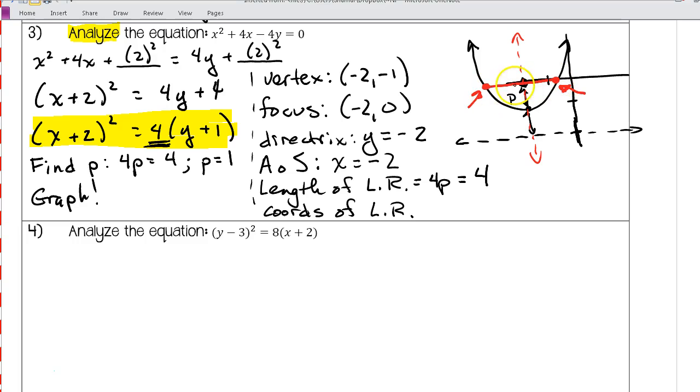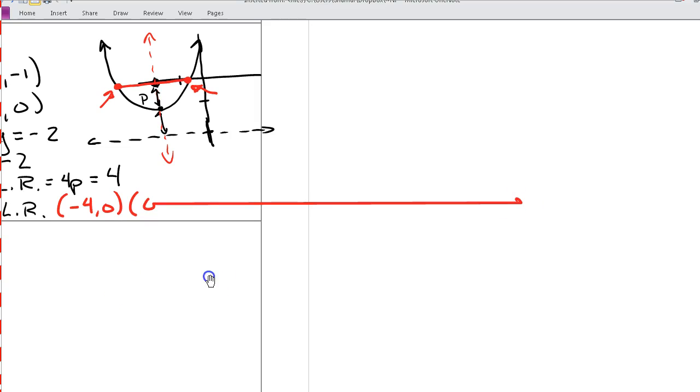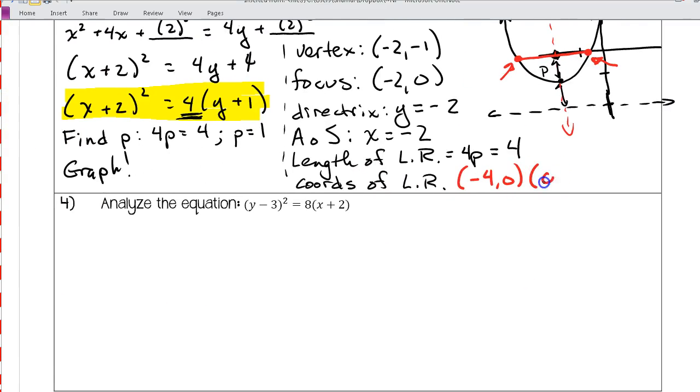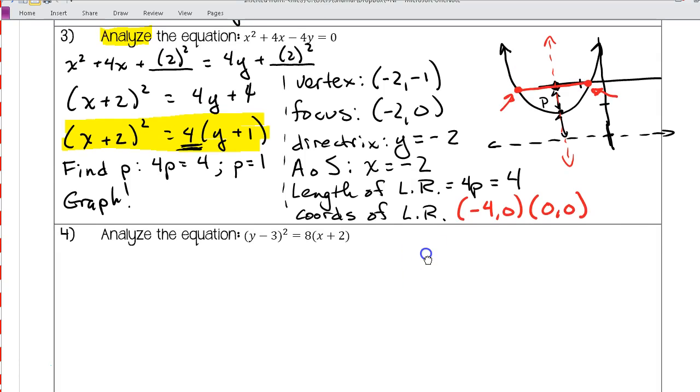So since I know the length of this is 4, I know I have to go 2 units to the left. If I go 2 units to the left, I was at -2, so I'm going to be at -4, 0. And then if I go 2 units to the right, my graph's a little bit off here, but if I'm at -2 and I go 2 units to the right, I'm going to be at 0, 0. Okay, so there you have it.